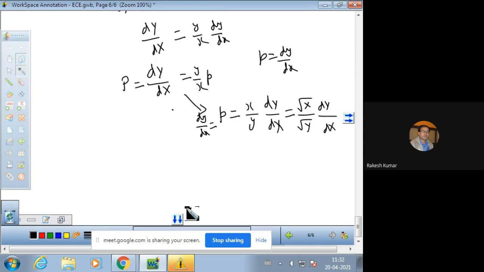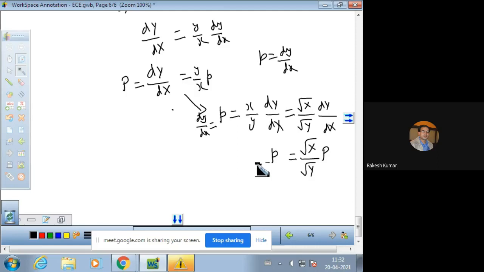And ultimately this will be your value of capital P. So square root x over square root y, that is capital P, and this is your value of small p.